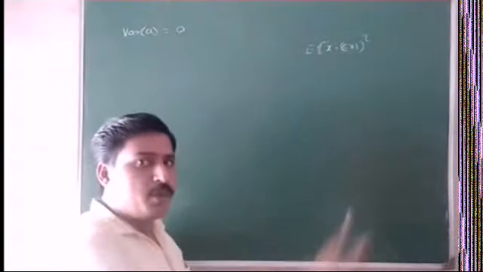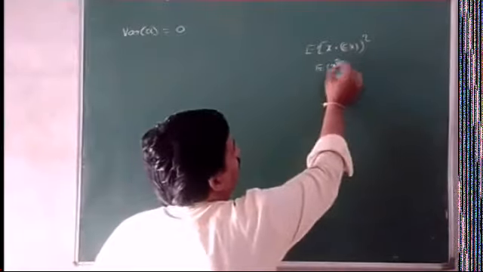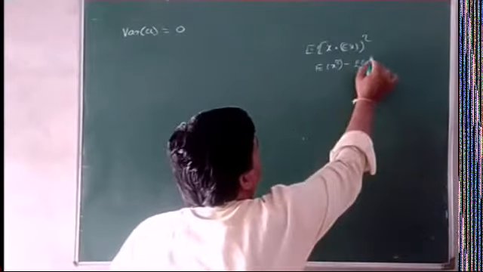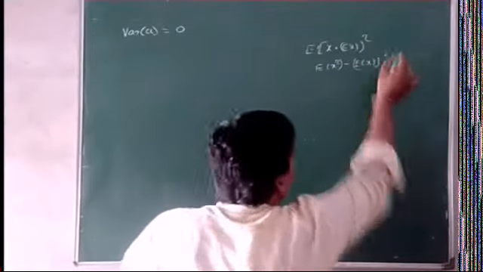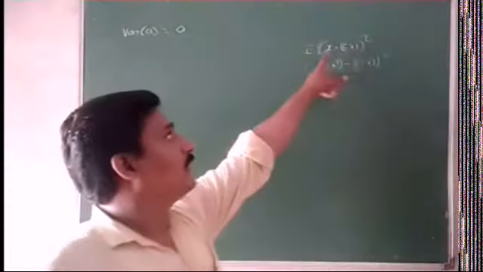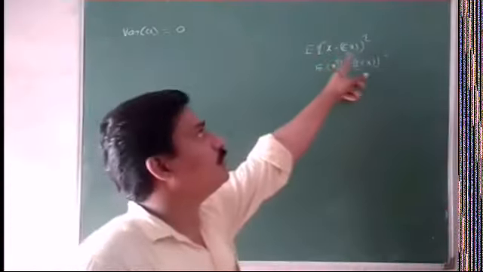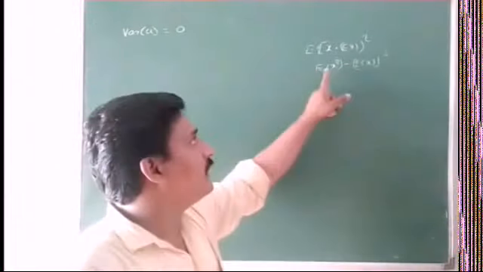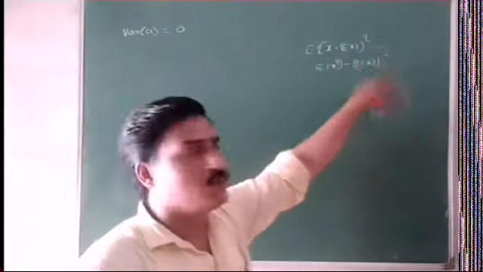When we open it, we get E of X square minus E of X whole square. When we open the bracket here, we get E of X square minus E of X whole square.